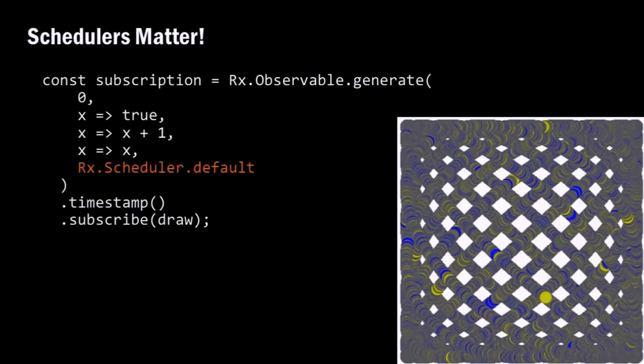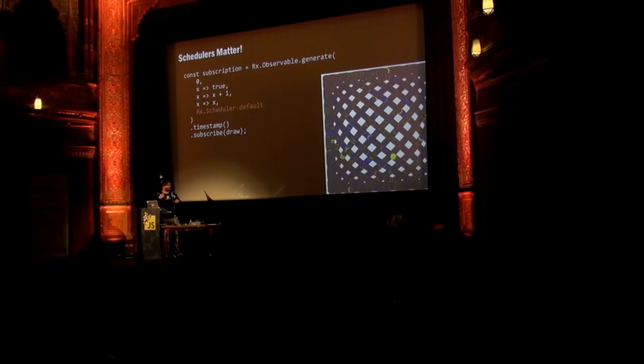Now, schedulers do matter. For example, if we want to draw something on a screen and we take the default scheduler, the problem is it's going to eat up our CPU. If my fan weren't going, it would probably levitate, because it's just drawing every single time as fast as it can through the fastest available means on your platform.